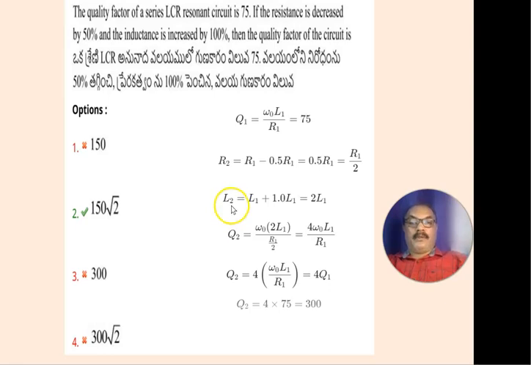Then L2 is increased by 100%, so it will become 2L1. The new quality factor will become omega 0 times 2L1 divided by R1 by 2. So this value will become 4 times omega 0 L1 by R1. Just substitute omega 0 L1 by R1, which is 75. 75 into 4 will become 300. This is the third option.